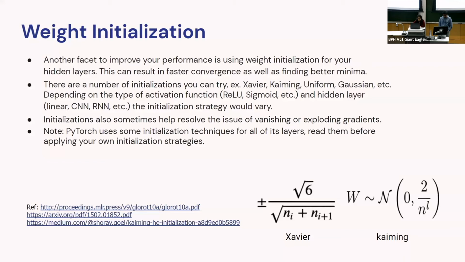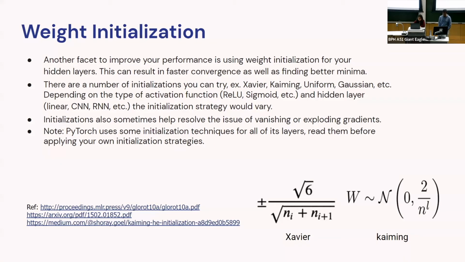Some of the weight initialization techniques that you could incorporate in your homework 1P2 would be Xavier, Kaiming, or uniform weight initializations. Xavier is nothing but initializing the weights to plus or minus √6 divided by the number of fan-ins to your neuron plus the number of fan-outs from your neuron. By fan-in and fan-out, we mean incoming and outgoing connections.